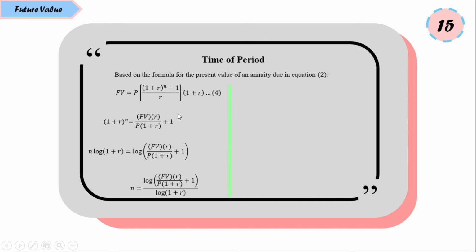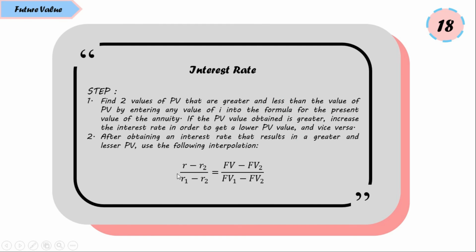Time period, based on the formula in equation 2, we can get the formula for N equals log (future value times R divided by P times (1 plus R) plus 1) divided by log (1 plus R). Interest rate: R minus R2 divided by R1 minus R2 equals future value minus future value 2 divided by future value 1 minus future value 2.